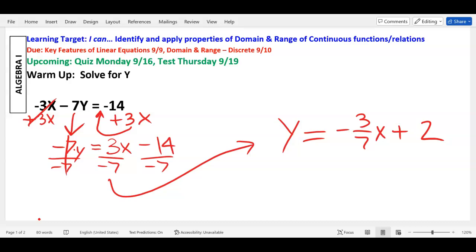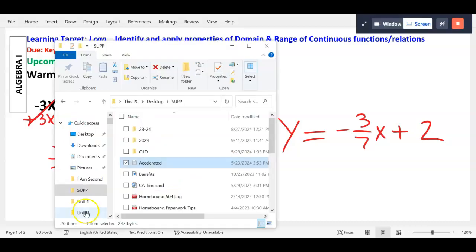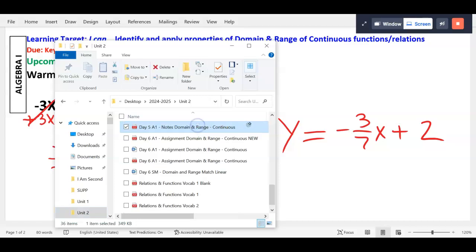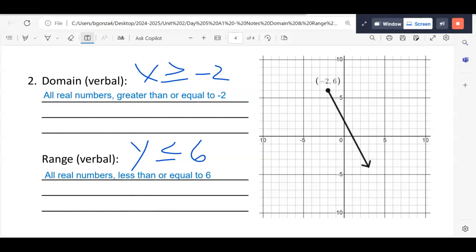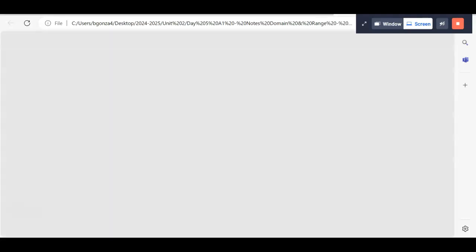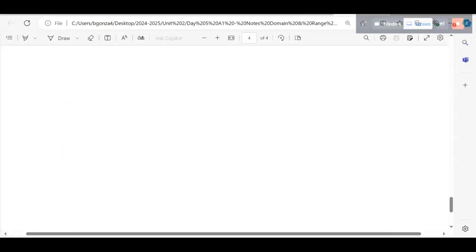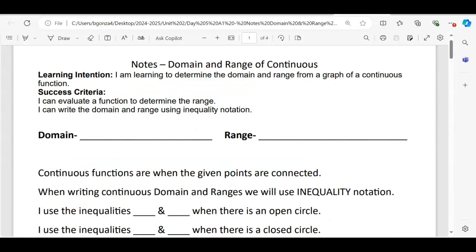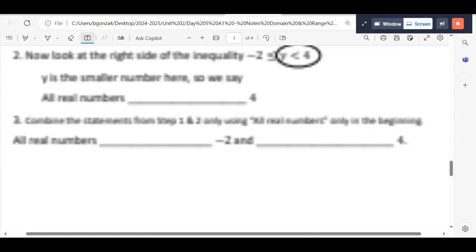All right, here we go. You have your learning intention, your success criteria, everything's good here. What is domain and range? So since we already talked about this, here we go.